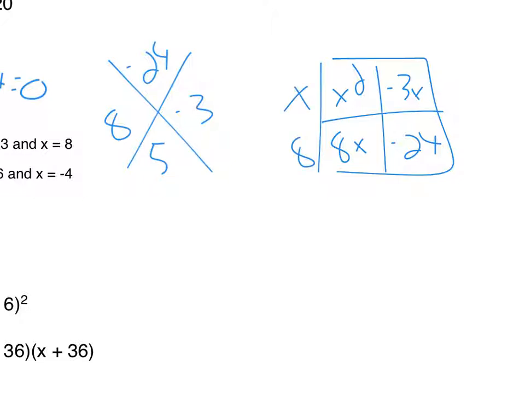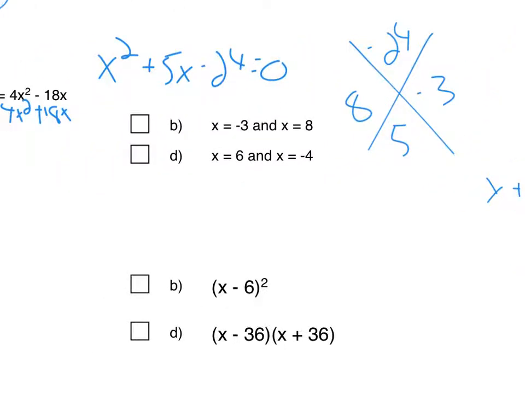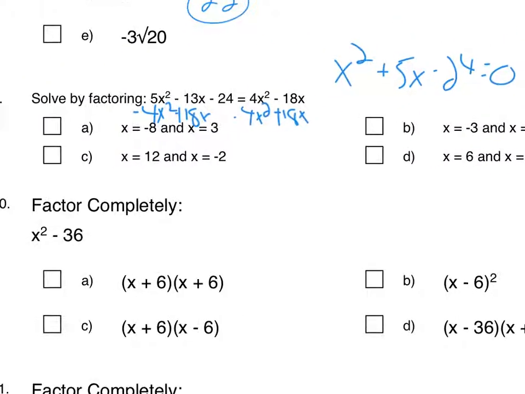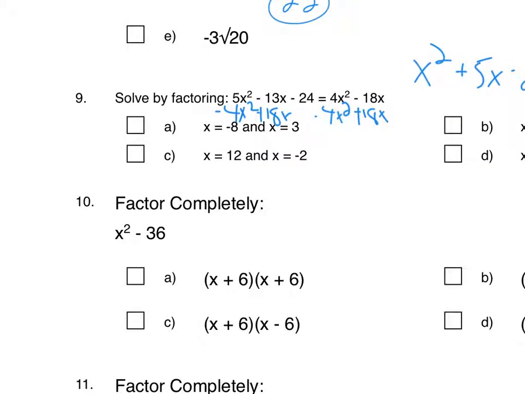So we get 8x, x, and negative 3. So x plus 8 equals 0, and x minus 3 equals 0. So x equals negative 8 and 3. So that's A.